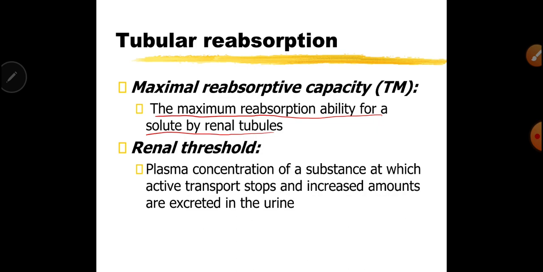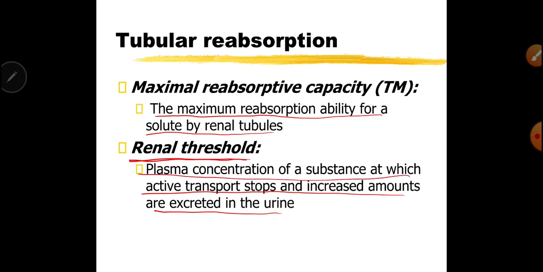So the kidney has a specific capacity for the reabsorption of glucose. So we will need another term for definition using this example called renal threshold. Renal threshold is defined as a plasma concentration of a substance at which active transport stops and increased amounts are excreted in urine.